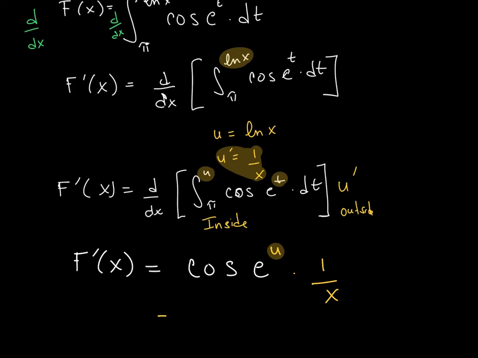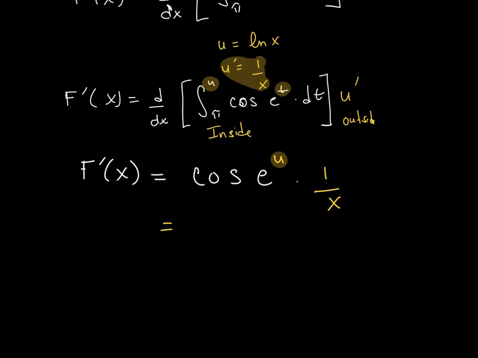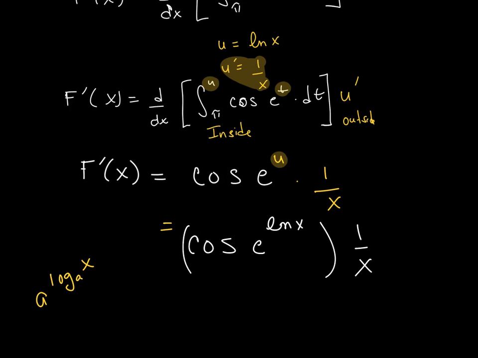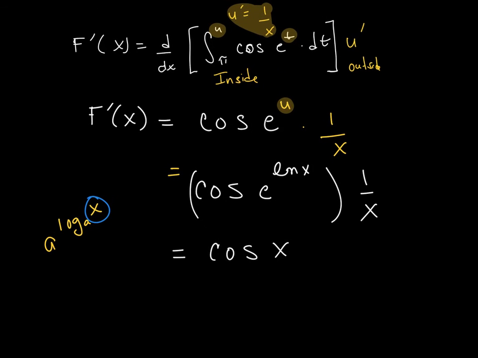So all of this then I need to substitute back in for u, which gives me the cosine of e to the ln of x times 1 over x. And this goes back to the special properties of logs. If you ever have a to the log base a of x, it just equals x itself. So therefore, all of this is just the cosine of x all over x.